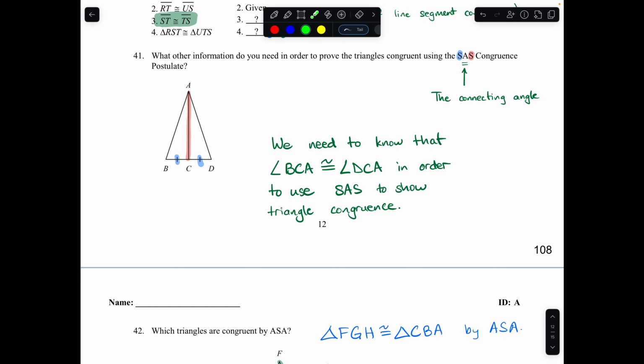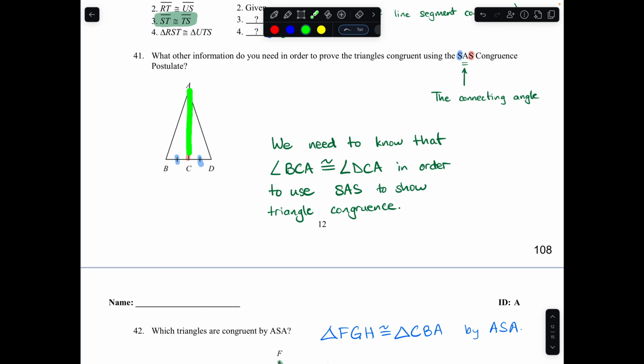41, we have our picture here. What other information do we need to prove that the triangles are congruent using side, angle, side? Well, we have one pair of sides already. That's the blue S I highlighted. And then we actually have a second pair of congruent sides because of the reflexive property.